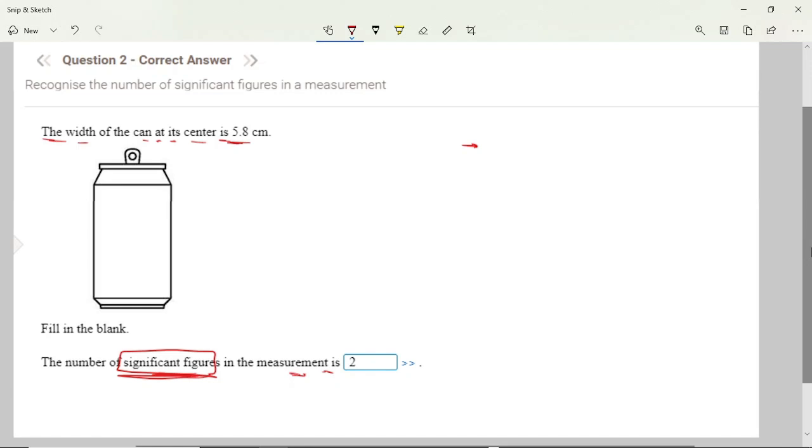The first rule is that significant figures are the non-zero digits. Any digit from 1 to 9 is called a significant figure.